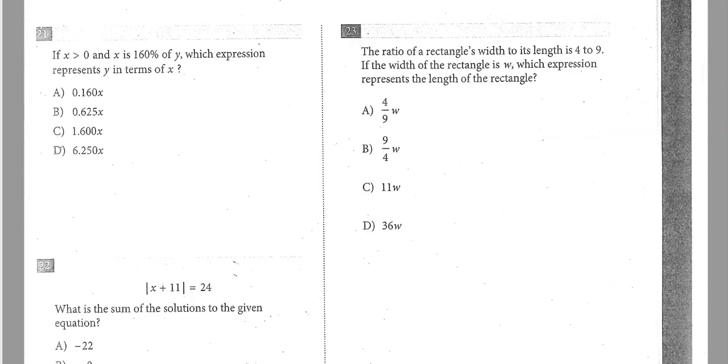All right, number 21. If x is a positive number and x is 160% of y, let's write that down. X is 160%, so 1.60, and of means times, y. What is the expression of y in terms of x? That means solve it for y.